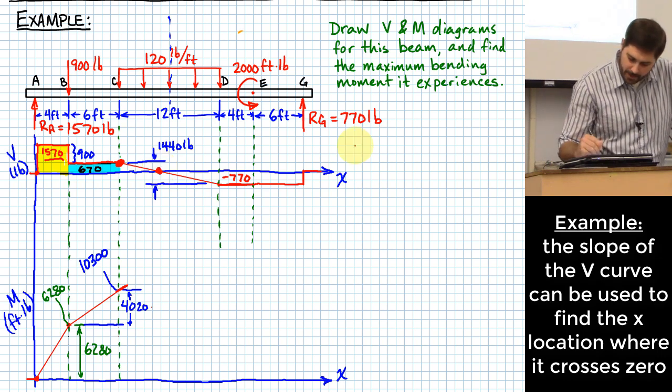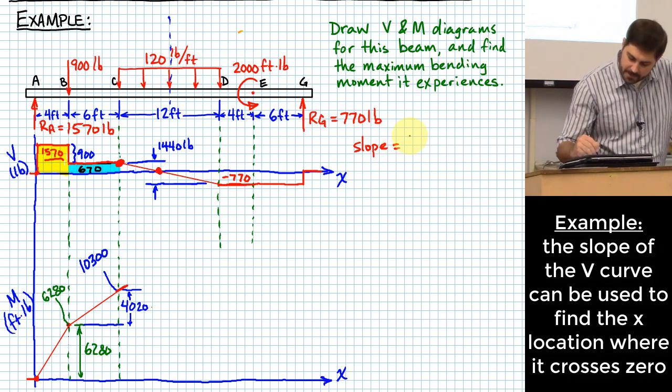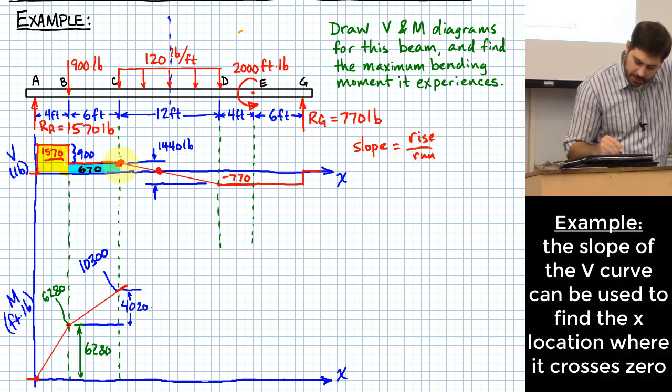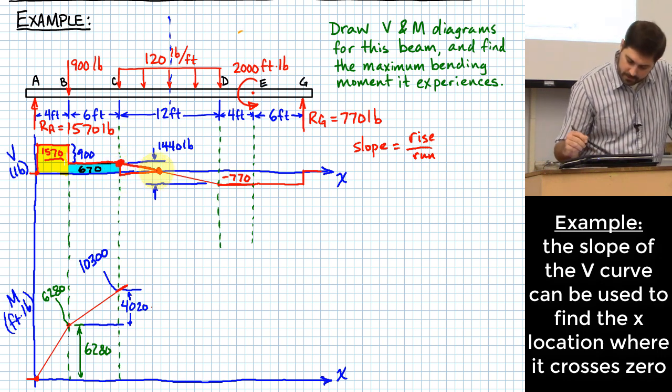Keep in mind, slope is equal to rise over run. We know that for this little triangle right here, we know the rise is 670 pounds. We want to know the run.